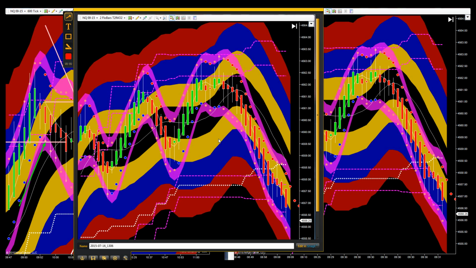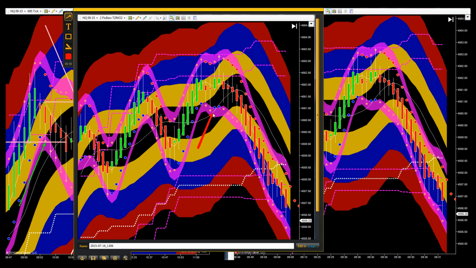In this example, we're looking at these energy bands, this upper and lower magenta energy bands pointing up. As these blue dots move above this solid white line, when the dots get above, like here and here, those are strong dots, and that's strong energy above that solid white midline.